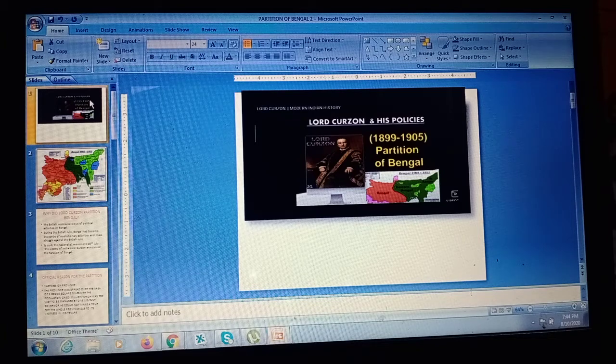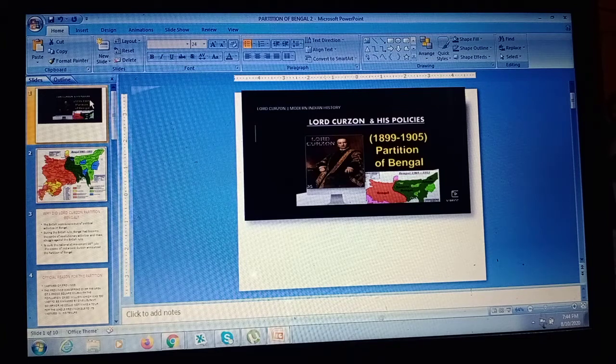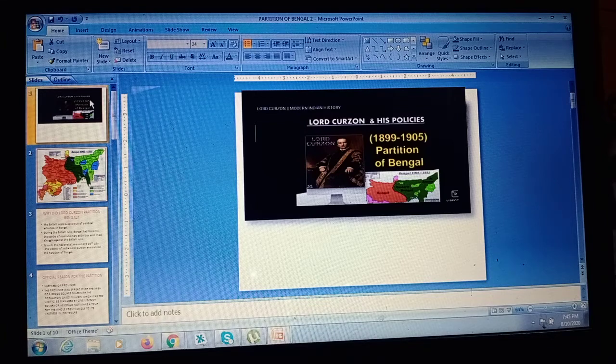Now, why does Lord Curzon choose to divide Bengal? He has just one point to mention here, the keyword, children: territorial readjustment. The readjustment of the territory. When you talk about Bengal as compared to the province then, during the British time, it was called the British provinces of British India.